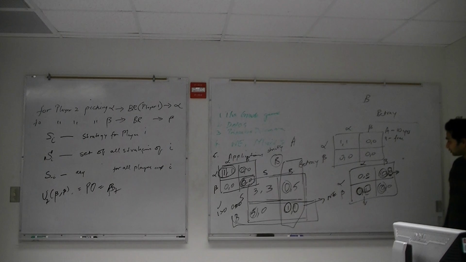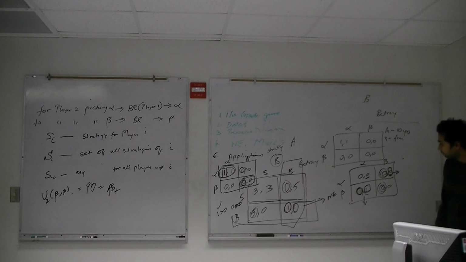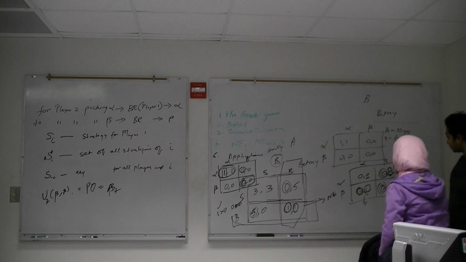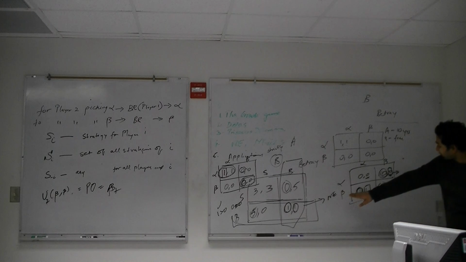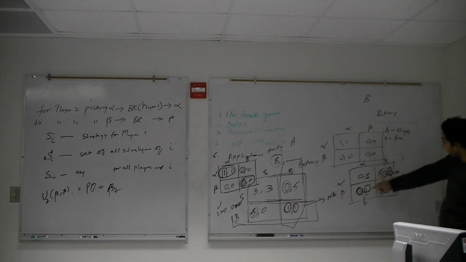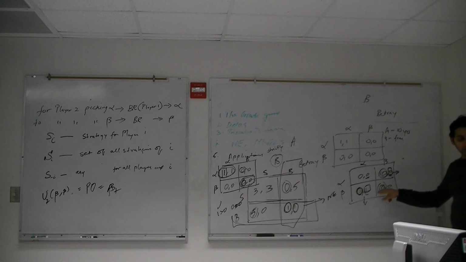My question is, why do you choose this one? Okay, so player 1 will... Let's say player 2 will choose alpha here. What incentive would we have to go for beta?